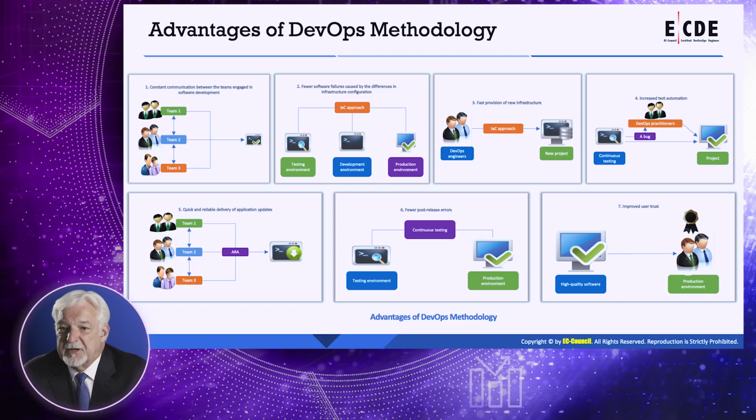There's fast provisioning of new infrastructure with an IaC approach. We can take the DevOps engineers and push environments much more quickly with new projects. There's an increased test automation capability in here as well.